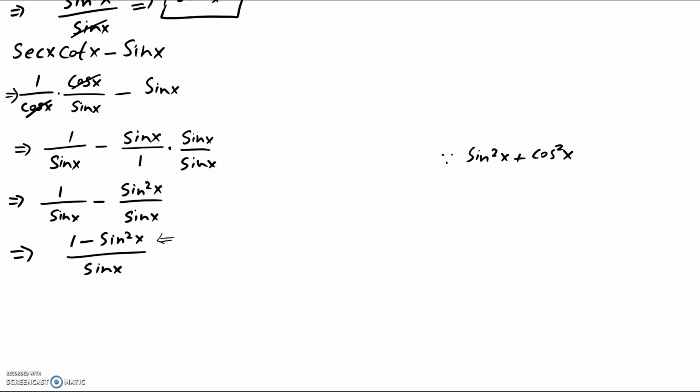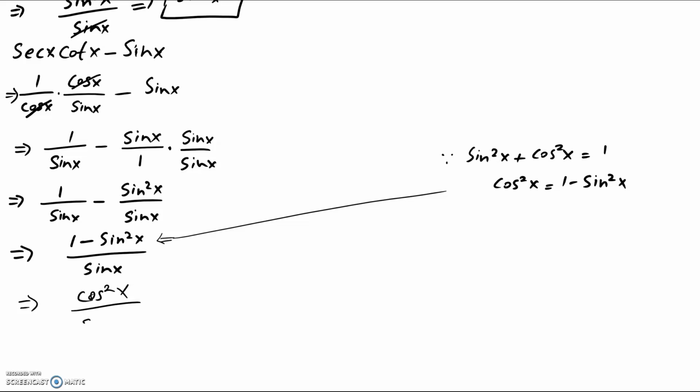Sin squared x plus cos squared x equals to 1, and then cos squared x is equal to 1 minus sin squared x. I'm going to replace with this one right here, and then it's going to be cos squared x over sin x.